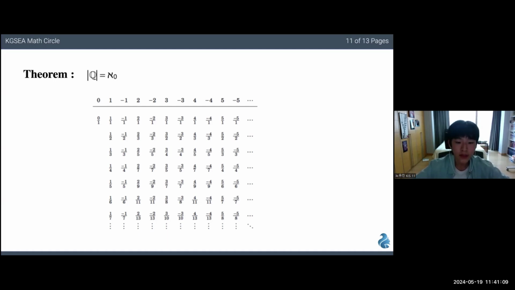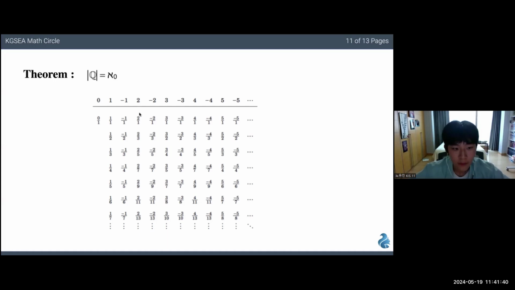What I've done is set a line of integers alternating between positive and negative, starting from 0, 1, -1, 2, -2, 3, -3. Under each number, I've written down fractions starting with that integer as the numerator and putting the denominator in reduced fraction form.